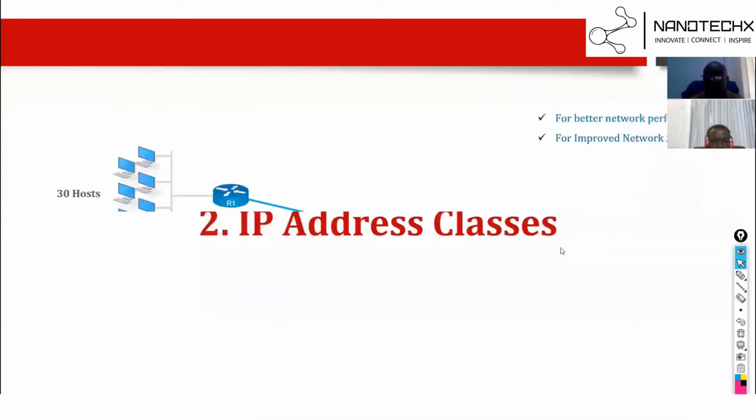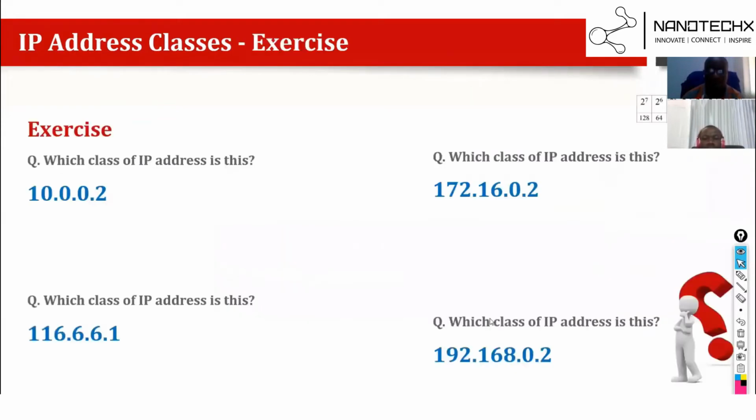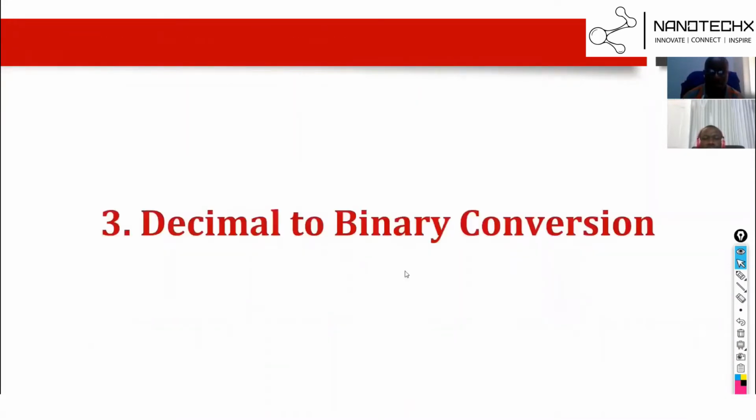The second section, we will go through the IP address classes and how to identify them, because this is the basis for subnetting. Although we have done this many times in our previous lectures, I would recommend that we go briefly through it so that the people who are joining for the first time can also study this one. We'll go through the exercises, but I will not go through the first few sections in detail.